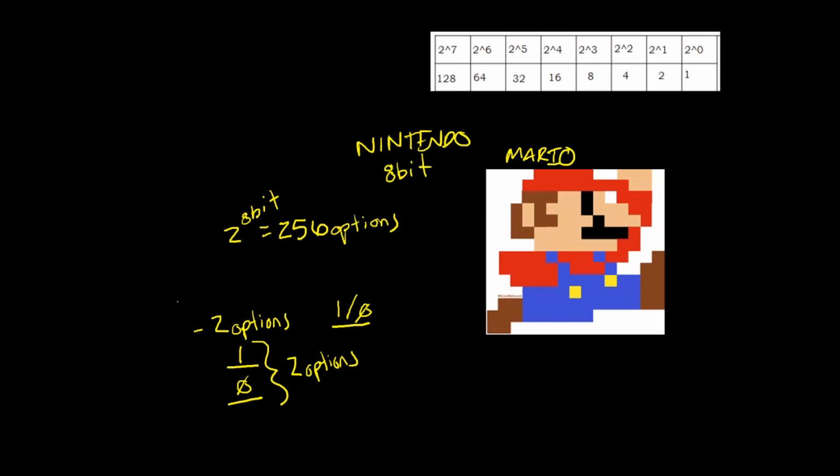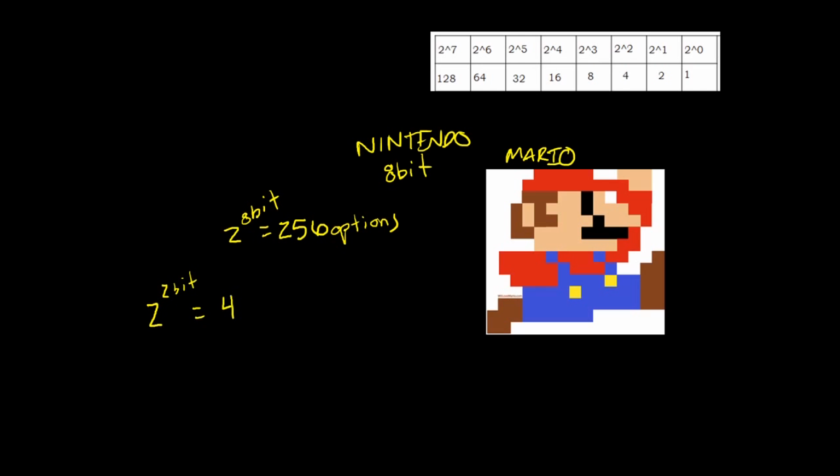So let's take this and add a little bit of complexity. And let's work with a 2-bit system. So in a 2-bit system, I know I have 2 to the 2, this is 2-bit, and 2 to the 2 gives me 4 options. Now because this is a 2-bit system, I have 2 bits to work with.